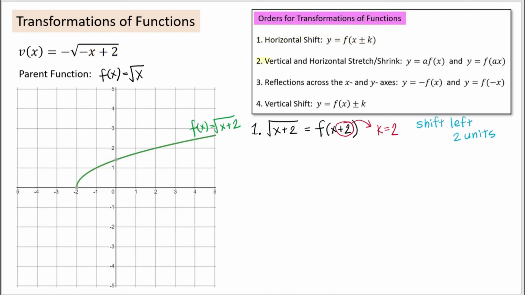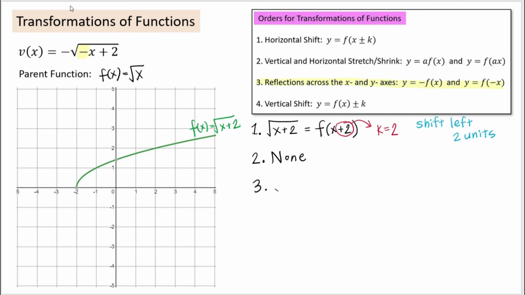The second step is vertical and horizontal stretch and shrink. The function v of x does not have any of these transformations, so step 2 is none. Step 3 is the reflections across the x and y axis. We see that we have a negative sign in front of x.